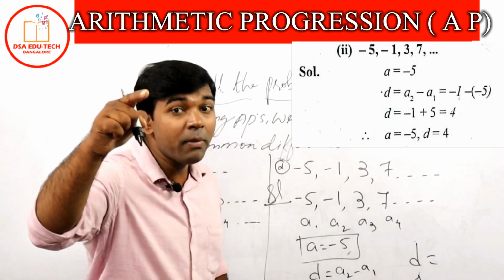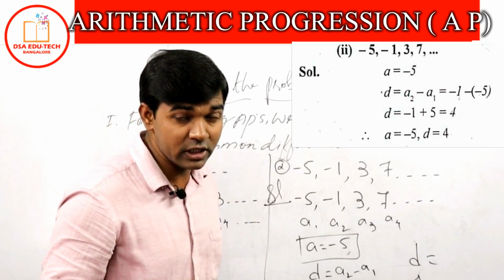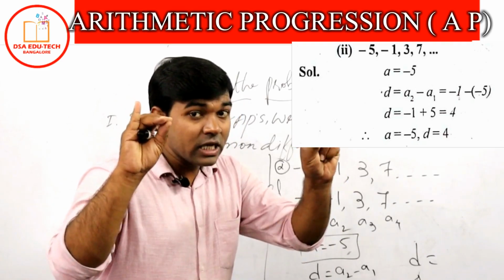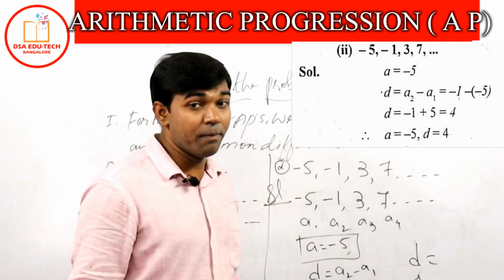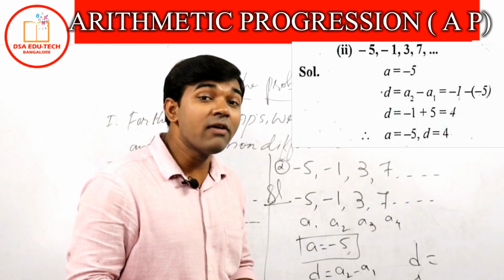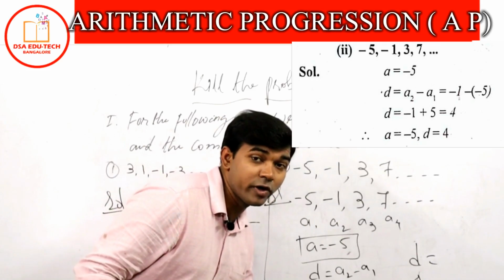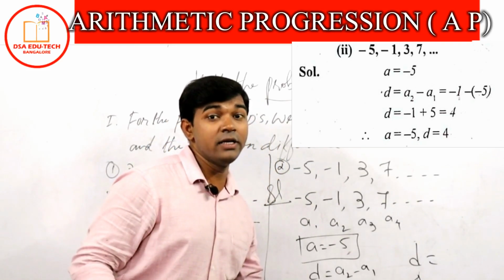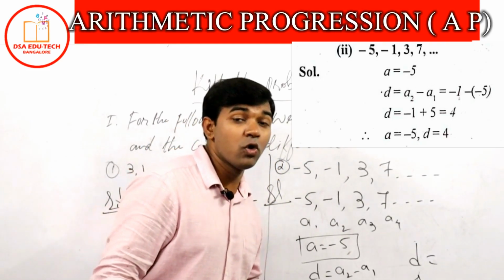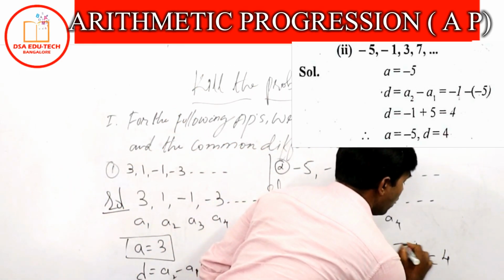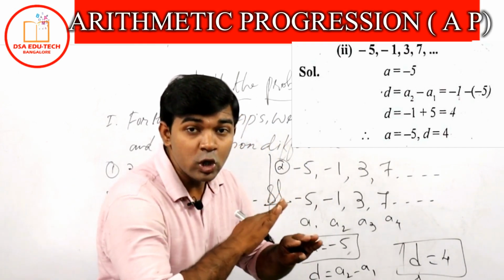You remember when I told you in the introduction, when you do addition and subtraction of numbers, the answer will have the sign of the bigger number. So which is the bigger number over here? Yes, correctly said. 5 is the bigger number. So in 5, if I remove 1, I will get 4.